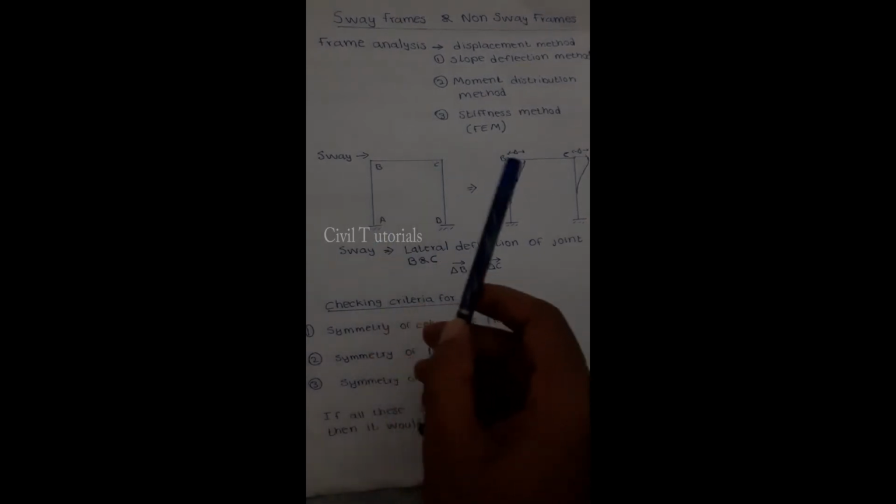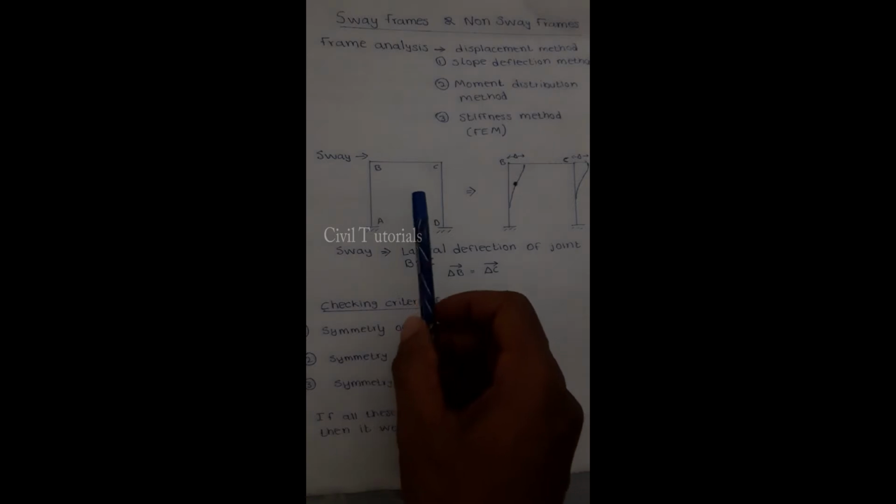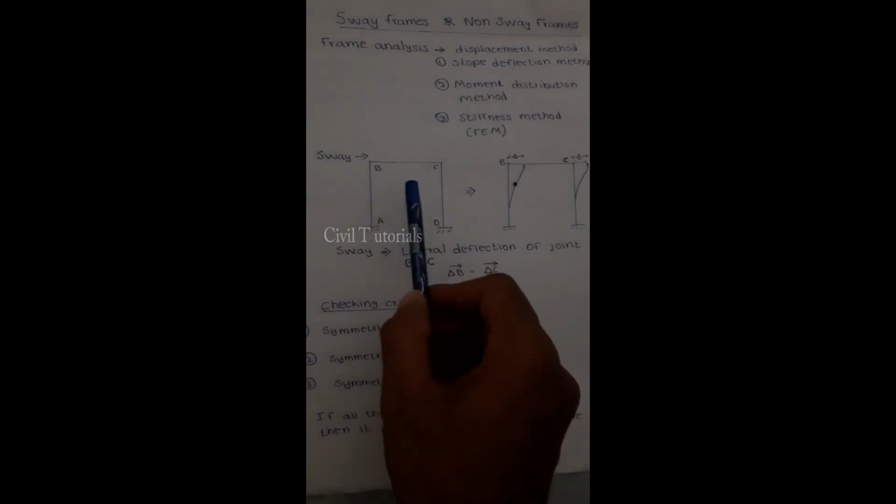Identical means they have to be the same in cross section A, second moment I, elastic modulus E, and so on. Length and height can also be considered physical characteristics, so they also have to be identical. If both columns are identical, then this structure is a non-sway structure.